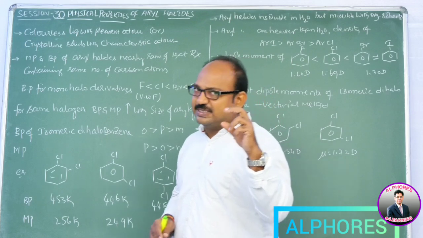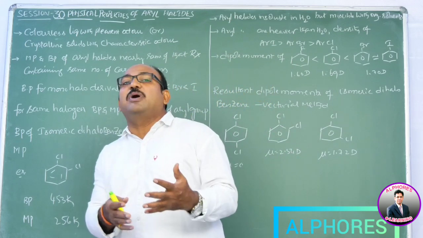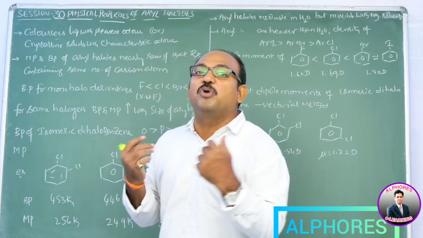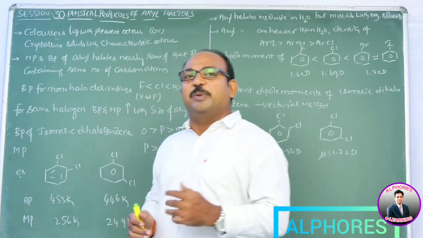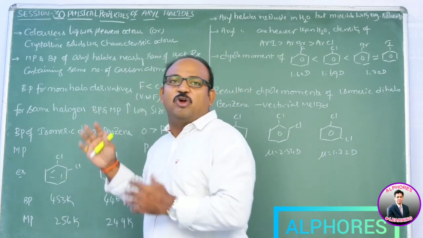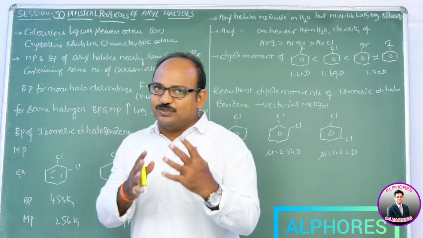Fluorine is smaller than chlorine, chlorine is smaller than bromine, and bromine is smaller than iodine. Size gradually increases, as we know very well.